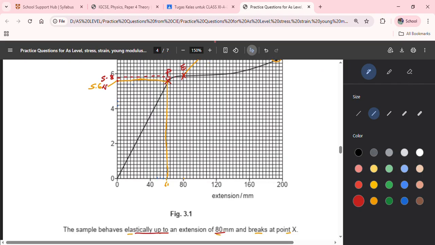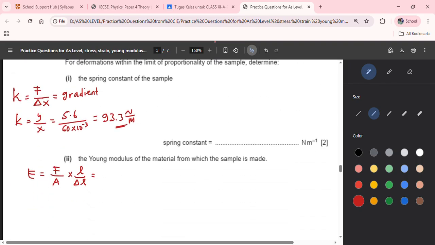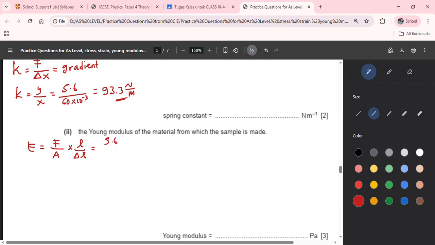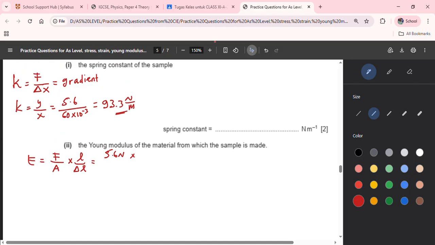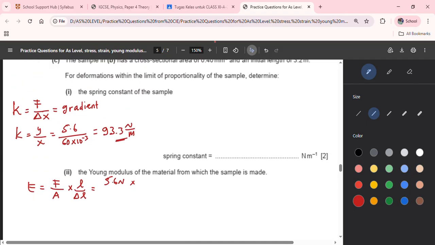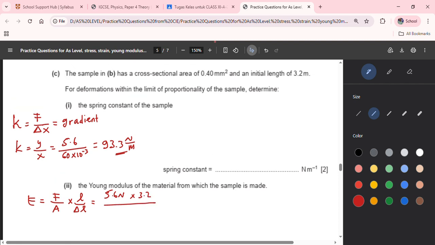So 5.6 Newton times L, the length 3.2, divided by A, which is 0.4 millimeter squared. To meter squared is 10 to the power of minus 6, times delta L, which is 60 millimeter, millimeter is minus 3.